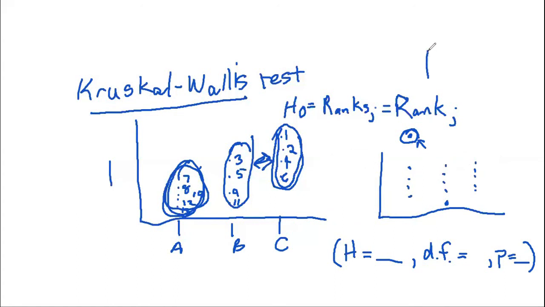And a graph appropriate for Kruskal-Wallis is, again, a box plot. Okay. And what's nice about the box plot is if we were to box plot these data, it might look something like this. Where you actually get to see skewedness of the data.